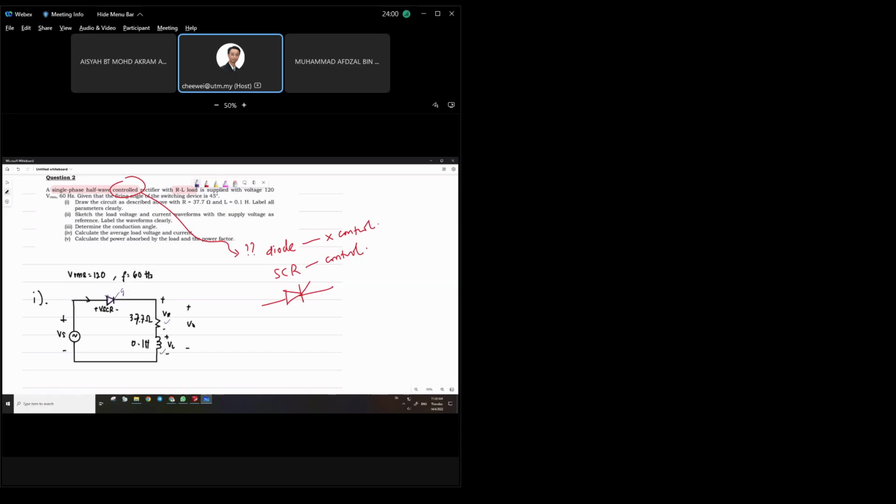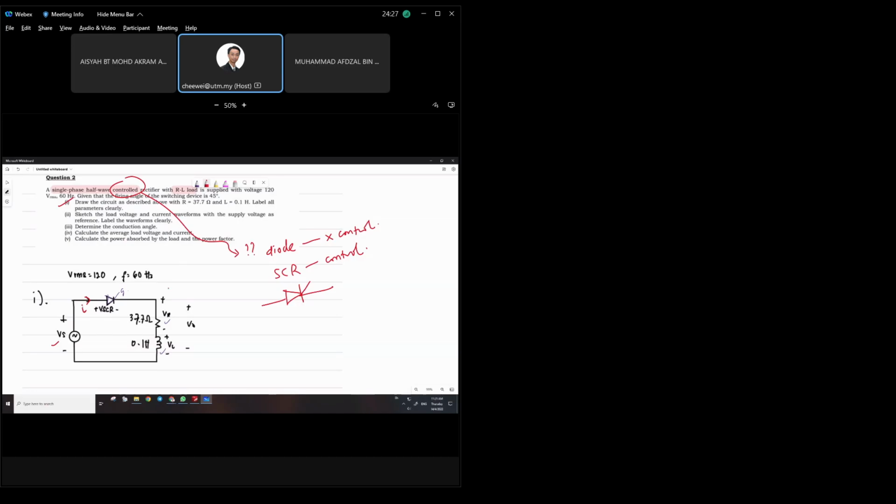Label already. Your I is not there. You have the arrow, but no I. Okay, I. Sine wave is correct. All right, everything done. Good. So number 1 is correct.